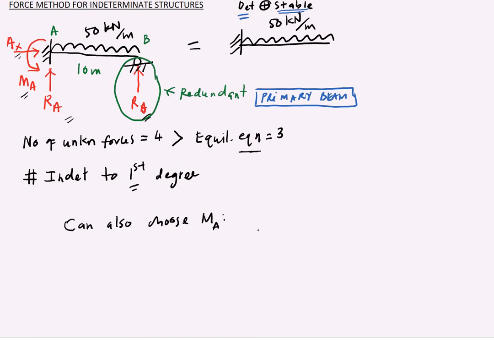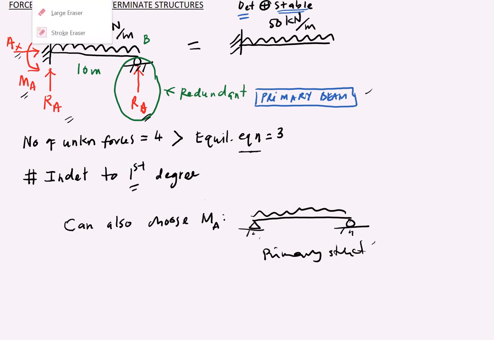So what you are going to be left with is a simply supported beam, and this will be your primary structure. Okay, you can also do that, it doesn't matter. Whichever redundant you choose, removing the redundant must make your structure determinate and stable. Okay, either or. So let's erase this bottom part. We are not going to choose MA as our redundant.